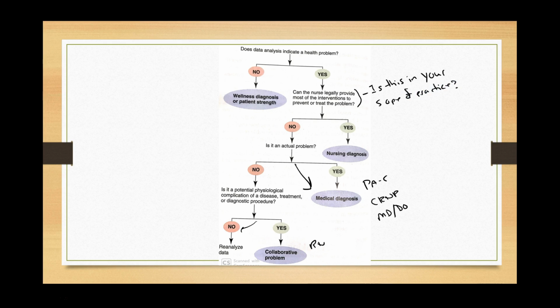If you don't remember what scope of practice is, or if you don't know what the LPN scope of practice is, go back to week number 2 in your lecture, in your medical legal lecture, and go to the State Nurse Practice Act and look at the LPN section. If it is within your nursing practice, within your scope of practice, then yes, now you have a nursing diagnosis.